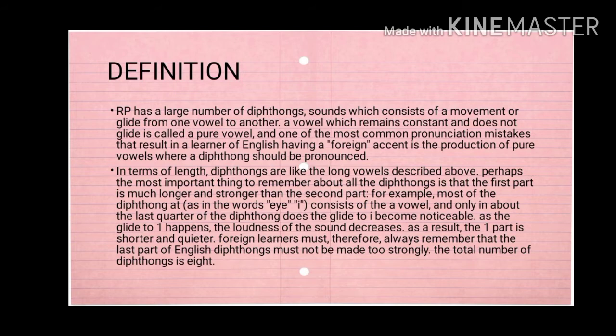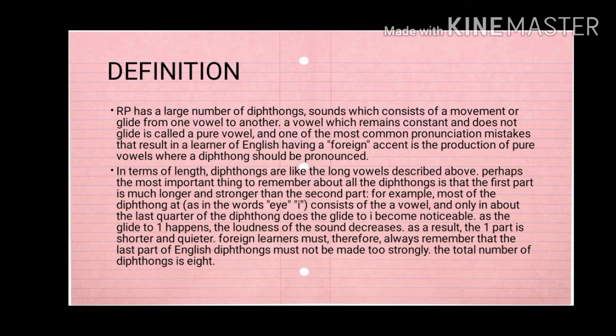And one of the most common pronunciation mistakes that result in a learner of English having a foreign accent is the production of pure vowel where a diphthong should be pronounced.